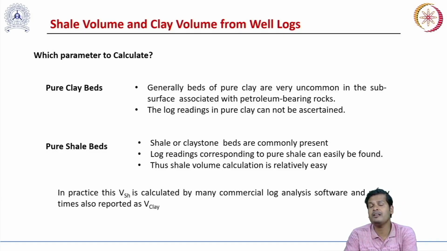For example, as we will discuss later on, the neutron logging tool is sensitive to the hydrogen content of the formation. So, if the formation has more hydrogen content, the neutron log generally reads high porosity. If the formation has low hydrogen content, the neutron log is going to read low porosity.